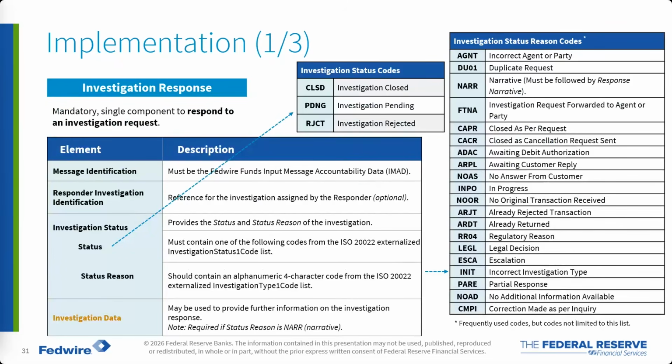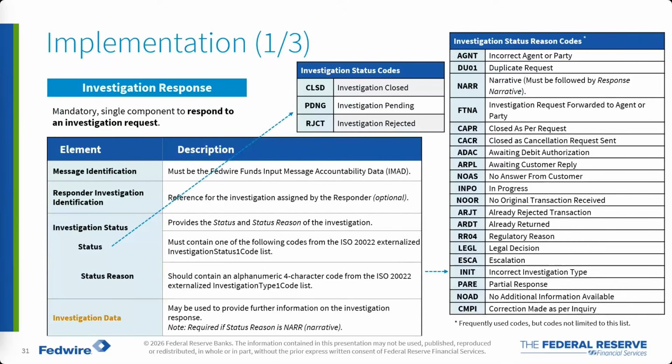Only 3 slides. This is a short message, the response message, and not that many changes will be implemented coming November 2026. The first block is the investigation response block that is used to provide the status or outcome of the investigation with the reason. As you notice, the 3 statuses remain the same.